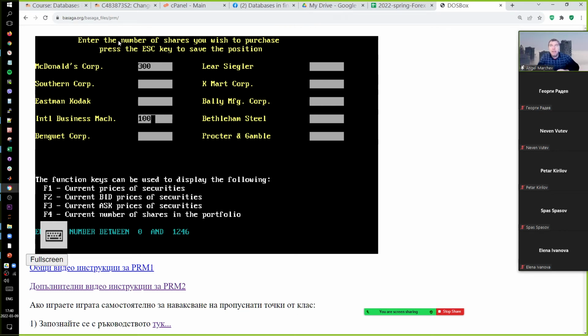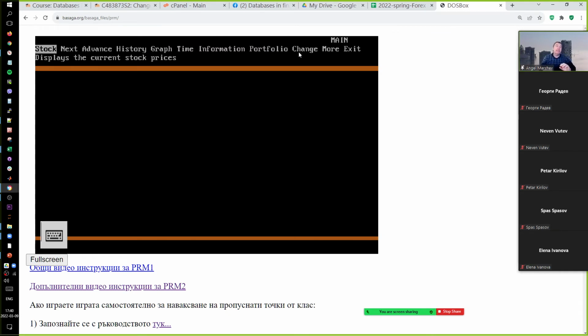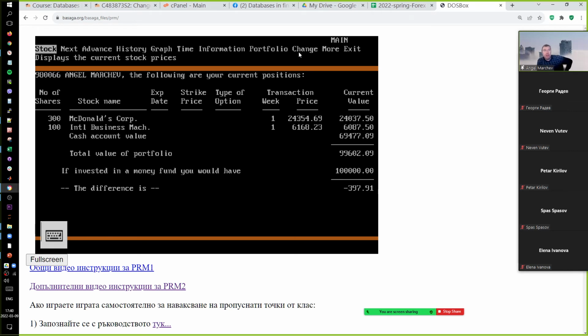You can see here: enter the number of shares you wish to purchase and then escape key to save the position. So I'm going to press escape, and as soon as I press escape my order has been sent to my broker, and my broker has resent it to the stock market, and the transaction has been made.